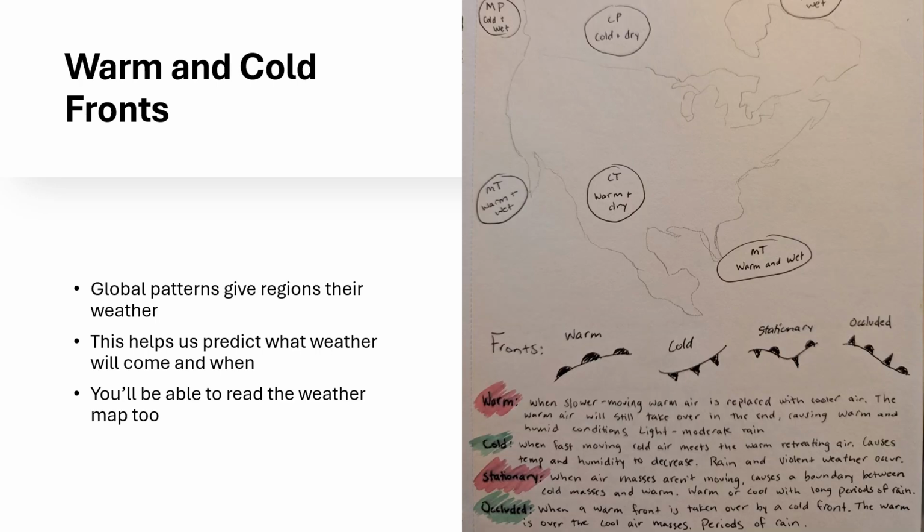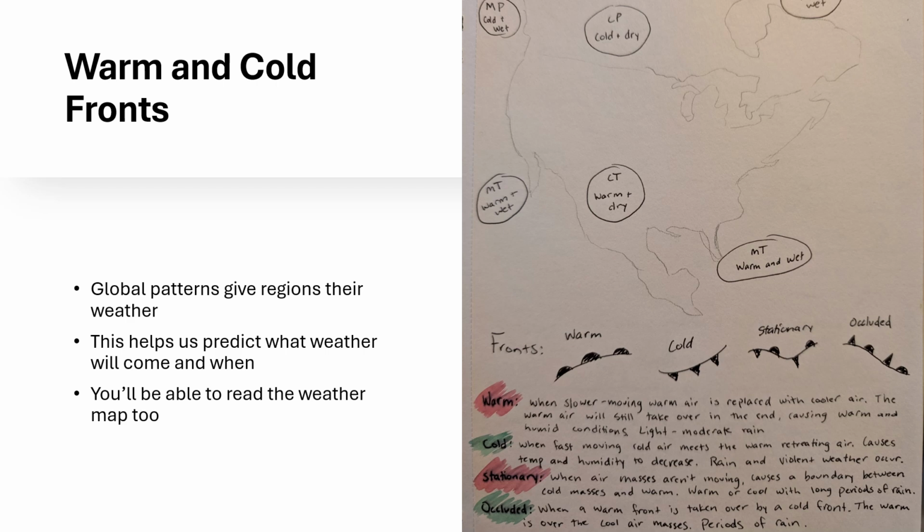And so basically global patterns give regions their weather. So where we are up in the northeast, it is rainy and cool for about 2.5 seasons-ish. And in the southwestern US, it's warm and dry.